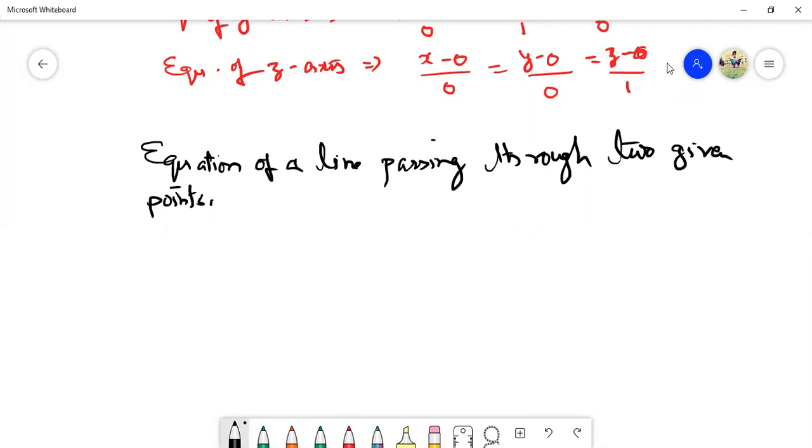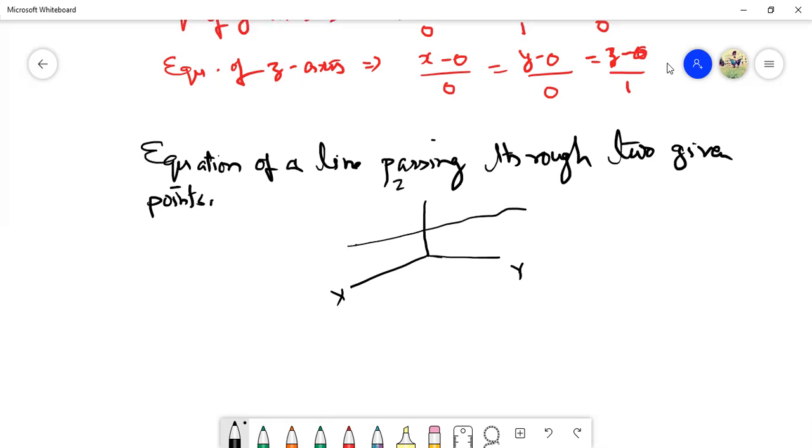Two points. Now, you know that this is the x-axis, y-axis, z-axis, and there is a line.